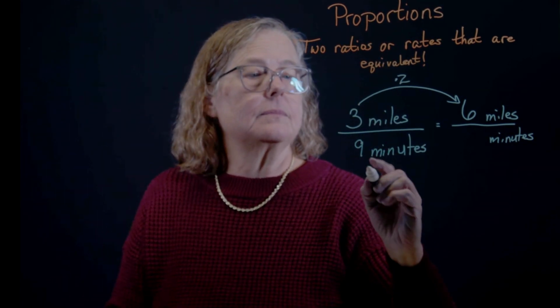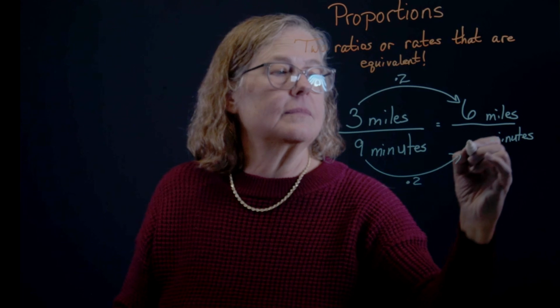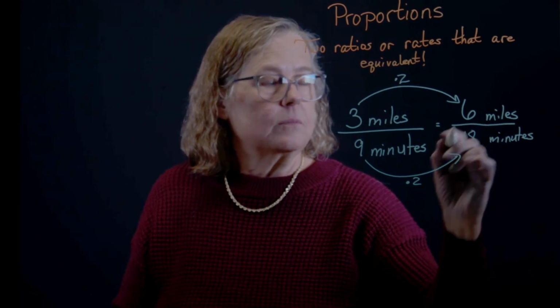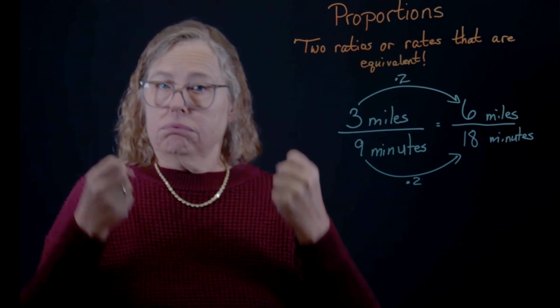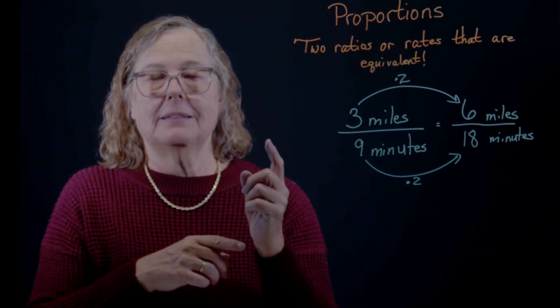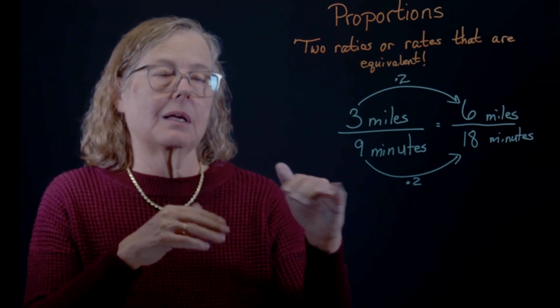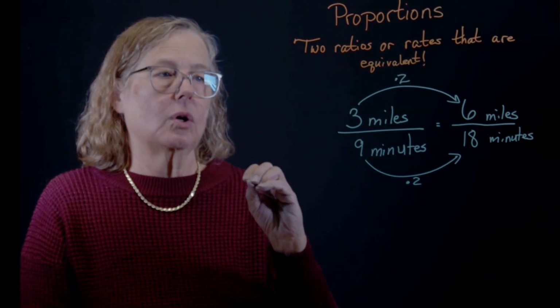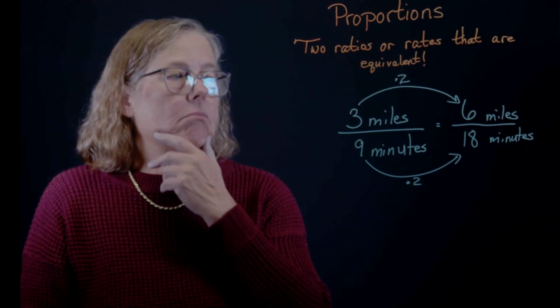That's how I keep everything the same. So if I drive to work and drive back, that means I'm driving for 18 minutes. So those are equal ratios. Those are proportions. Okay.